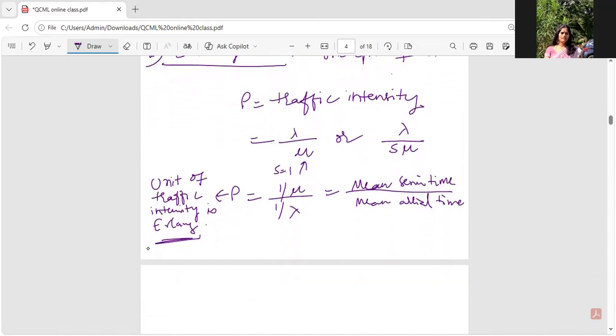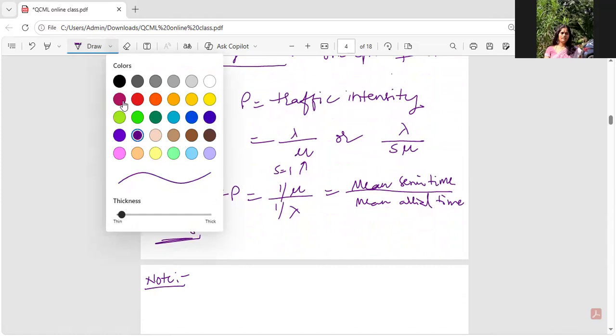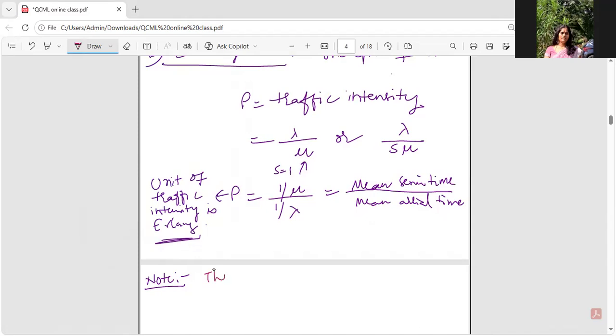One small note: what is the necessary condition for a system to settle down to a steady state?